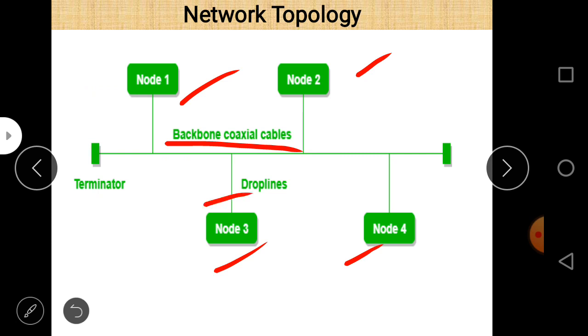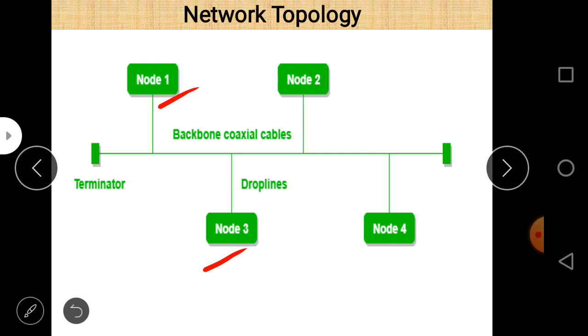The line by which different nodes are connected is called a drop line, and these are the terminators. So bus topology is a simple topology in which there is a backbone coaxial cable, different nodes are connected to it, there are terminators, and drop lines by which we can connect a node to the backbone coaxial cable.